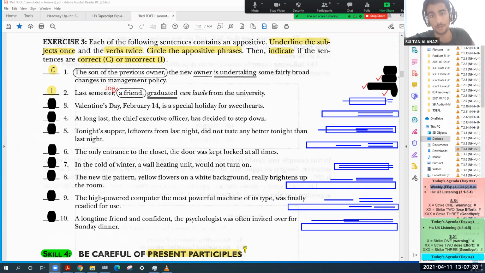Mr. Rich, should we check if the appositive is accepted with the subject?